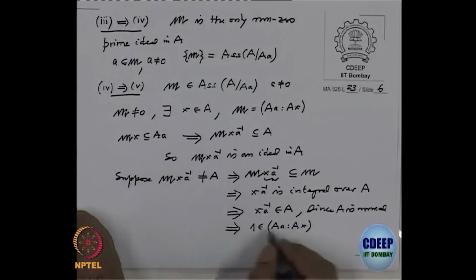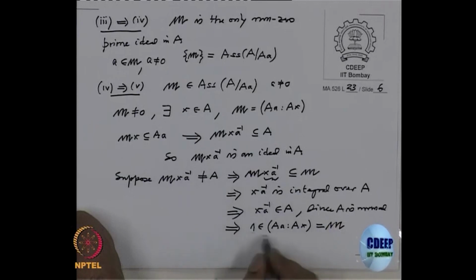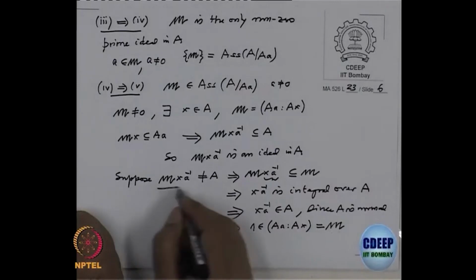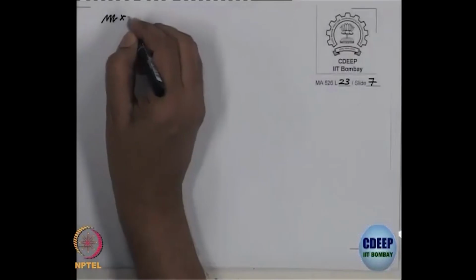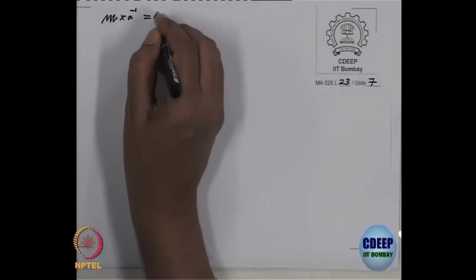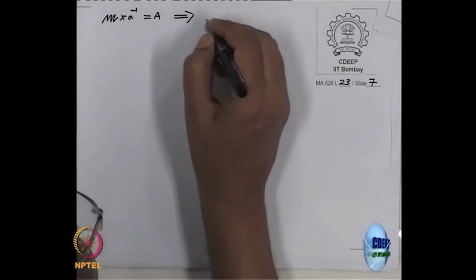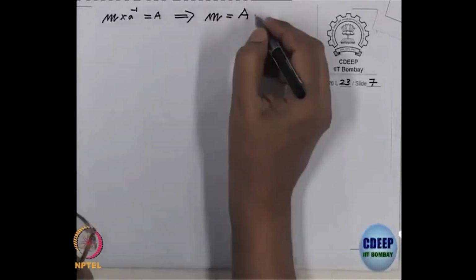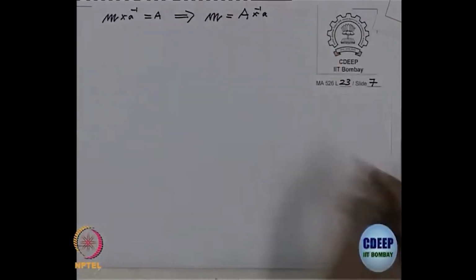This means precisely this, but this is M. So, it is a contradiction. Maximal ideal is a proper ideal, 1 belongs there. So, this cannot be true. So, that means M x a inverse has to be A, but this will mean M is generated by a x inverse A. So, we actually cooked up a generator. So, it is principal.